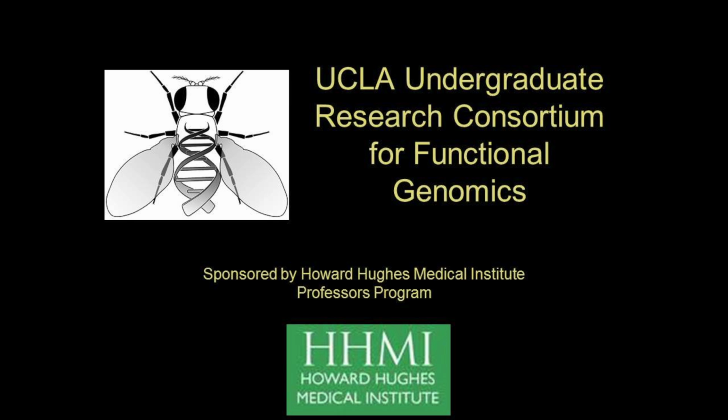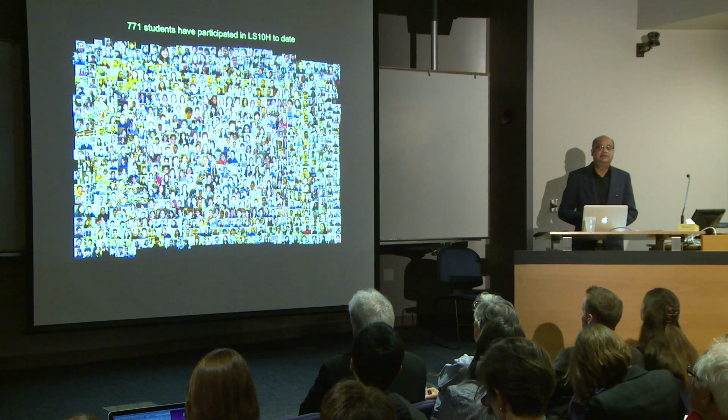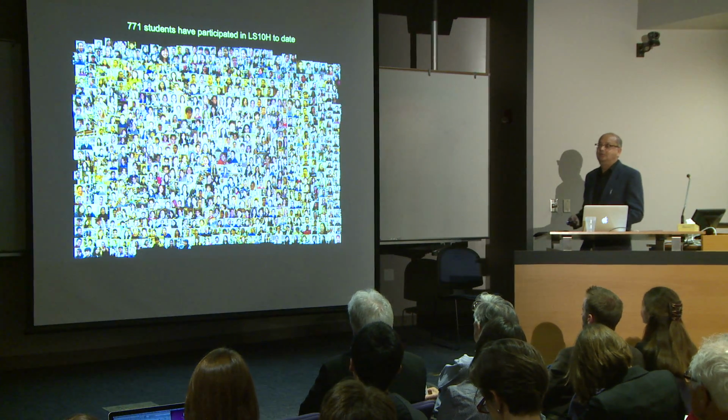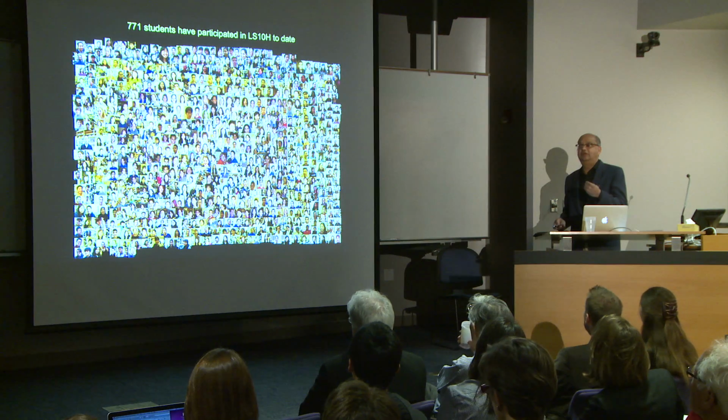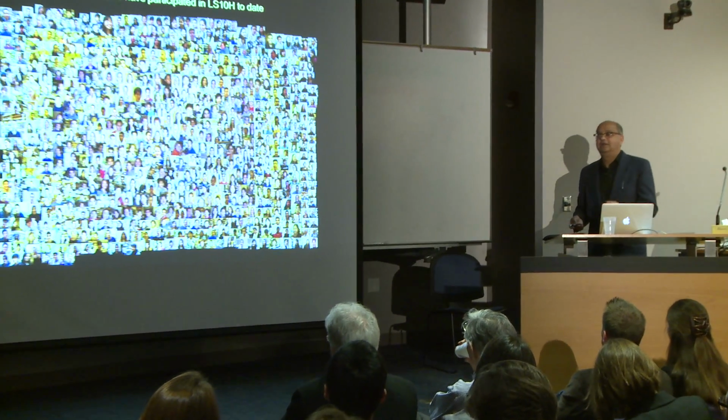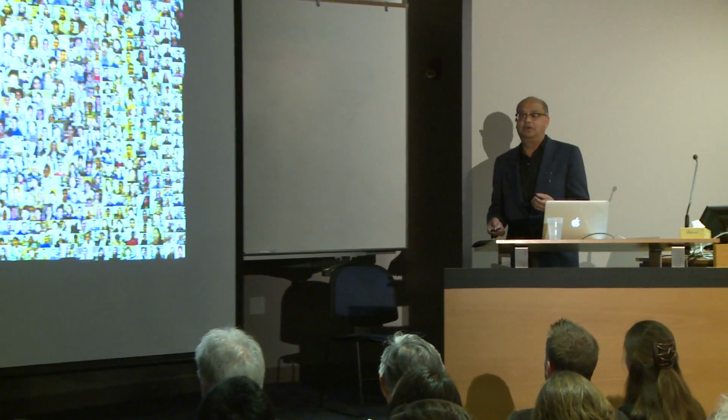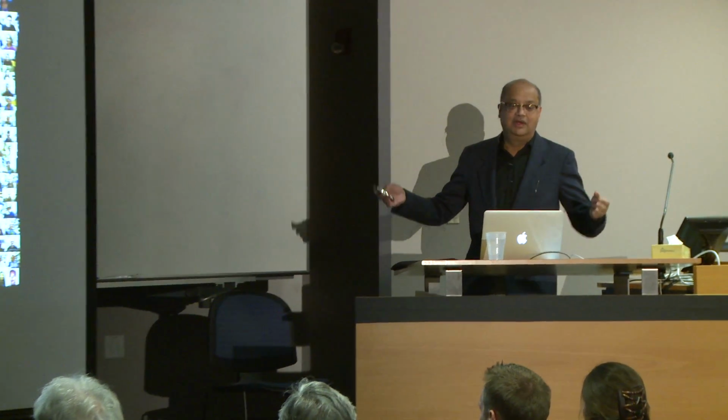But nevertheless, this is our logo here. And 771 students. One thinks, what change are you going to make by 20 to 30 students a quarter? Well, eventually, if you have lived long enough, you will make a lot of changes to a lot of people.